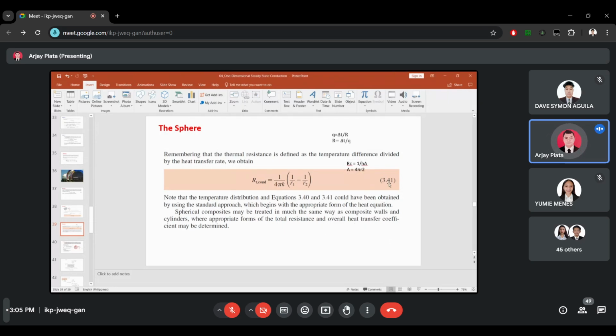So that is our formula for convection. We have the formula for conduction, and then we have the formula for convection.